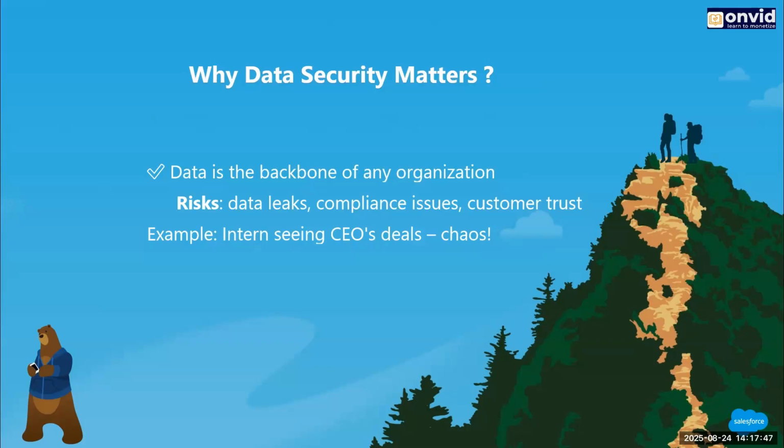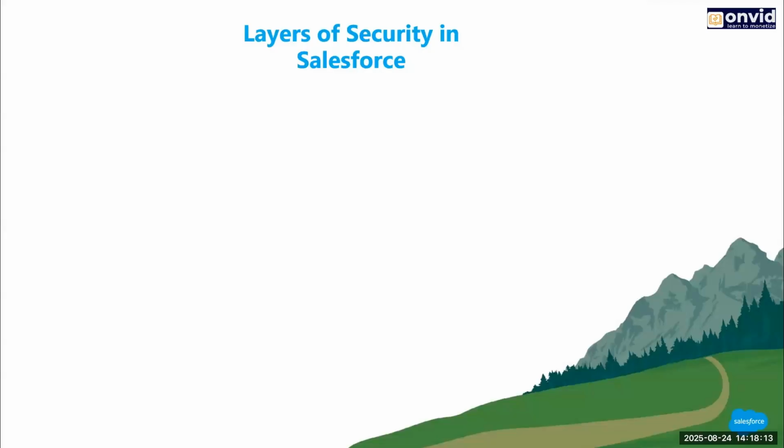These are very important, and we don't want external users coming from external sites to access those fields. To prevent that, we have data security modules. There is a small example I have mentioned here: interns seeing the CEO's deals. That's chaos. Let's change the slide.